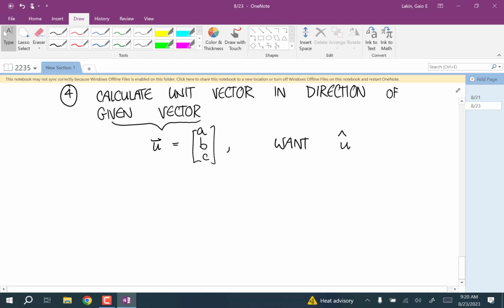Okay, so how do you calculate that? u hat is just equal to 1 over the magnitude of the vector times the vector.